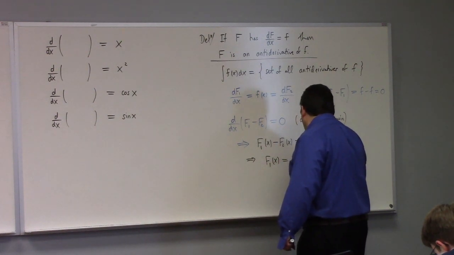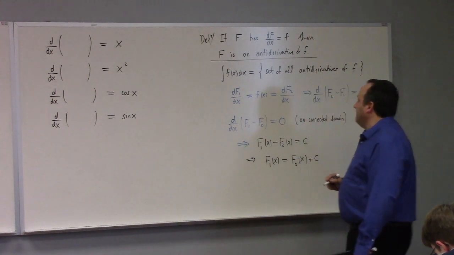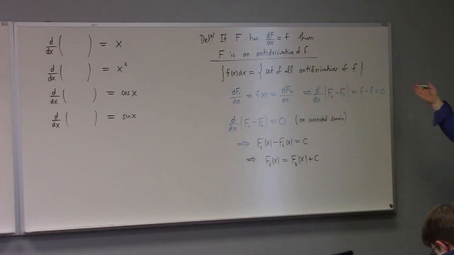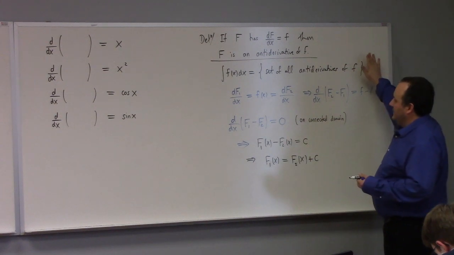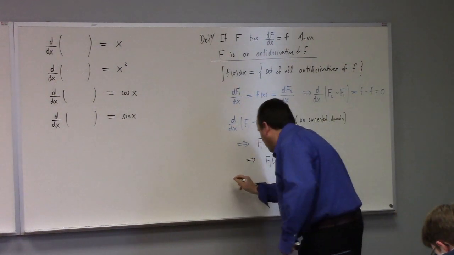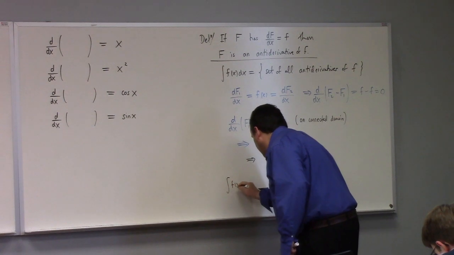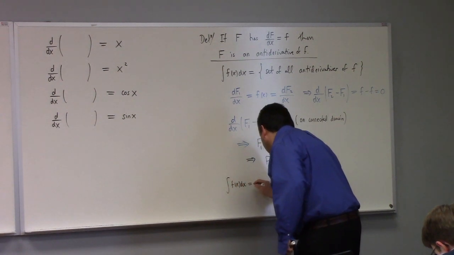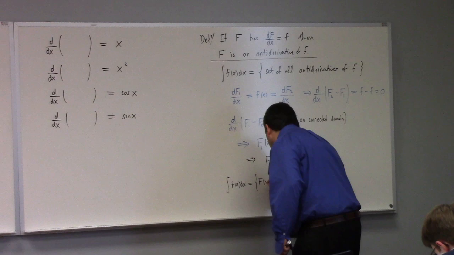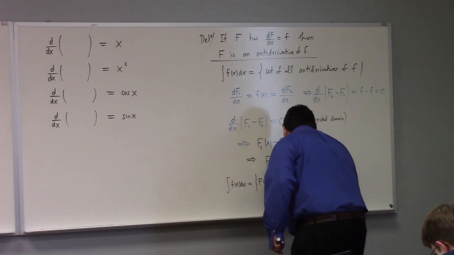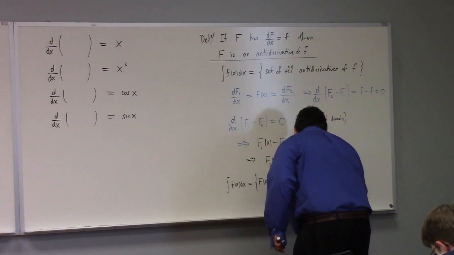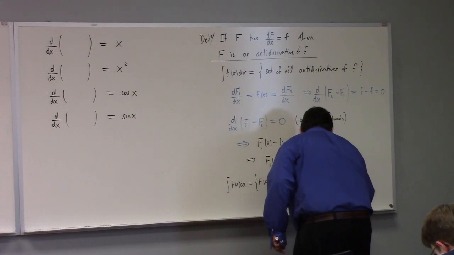At the top I have the set of all antiderivatives. But you could replace this with what? The integral of f of x dx we could simply write as big F of x plus a constant, where big F prime of x is equal to little f of x, and c is a real number.